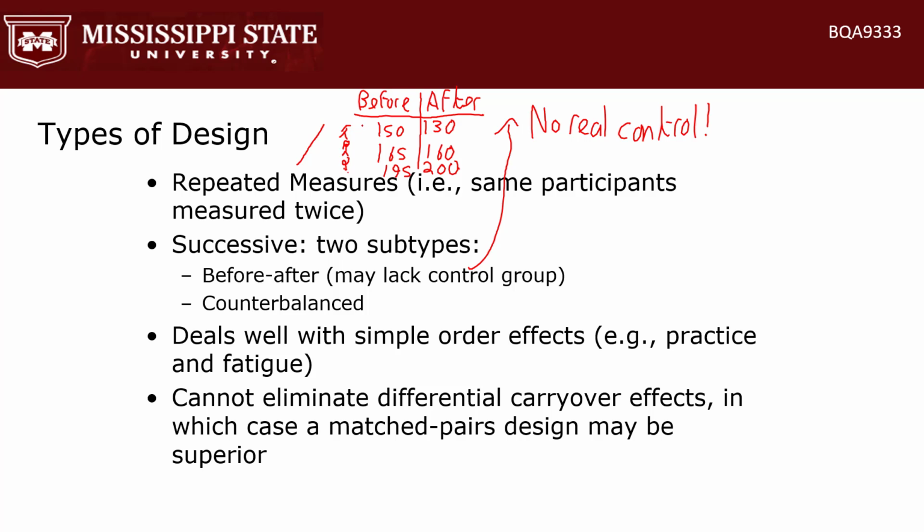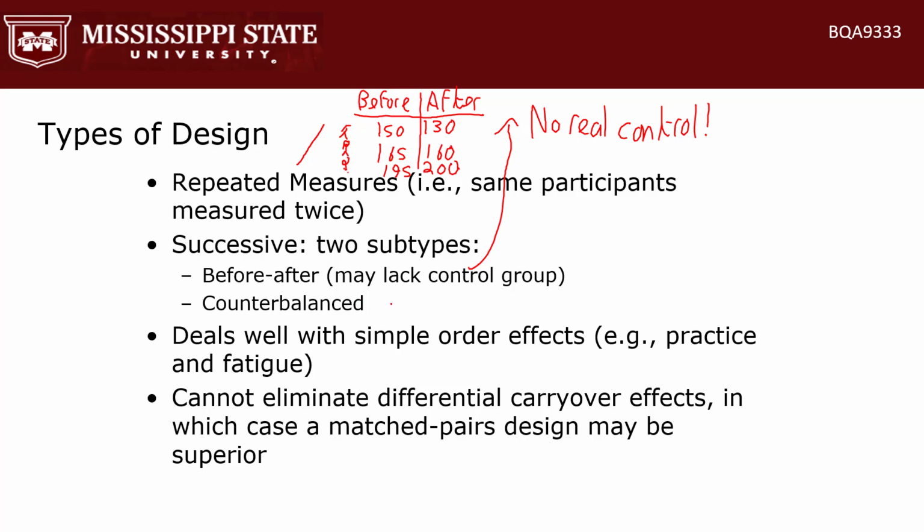For example, they might be fed really fatty food or something, or they've changed the exercise regime. There's no real control condition here. We just have all these people before and after. Another example is the measurement of weight might be slightly off. So there's no real control condition between before and after.